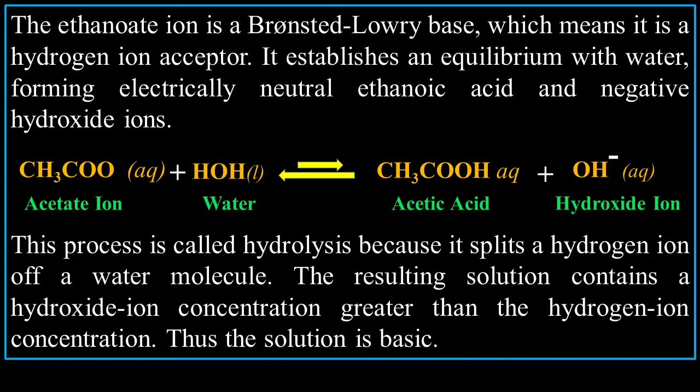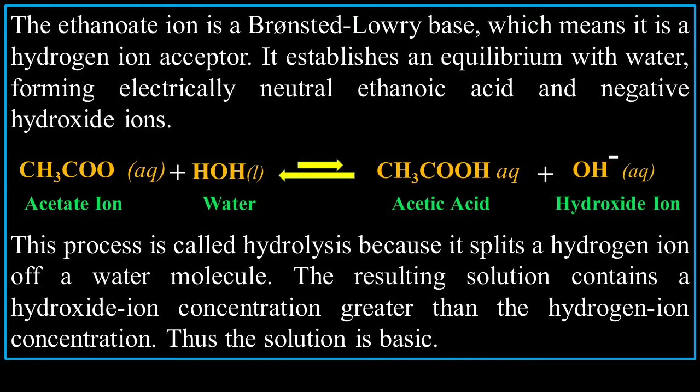It establishes an equilibrium with water, forming electrically neutral ethanoic acid, acetic acid, and negative hydroxide ions. So the acetate ion plus water yields acetic acid plus the hydroxide ion. This process is called hydrolysis because it splits a hydrogen ion off a water molecule.